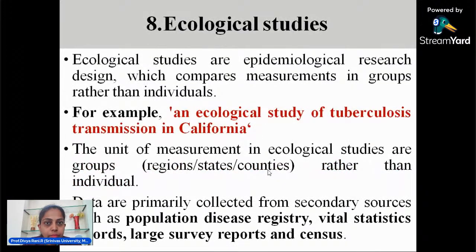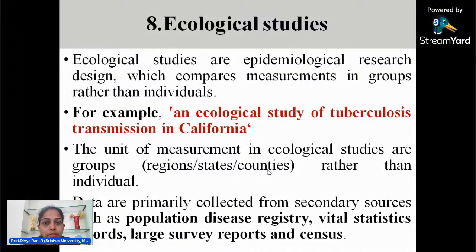Next, ecological studies. These ecological studies are like epidemiological research design, where in a group you are observing something. For example, an ecological study of tuberculosis in a particular region in California.